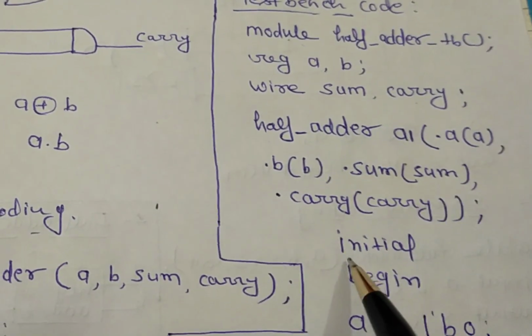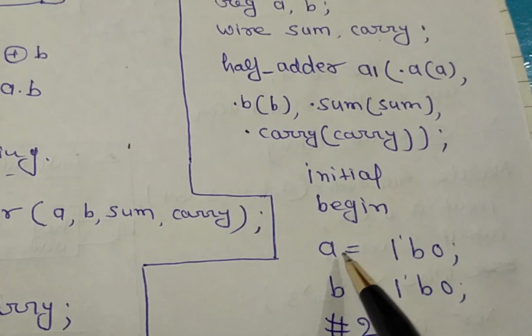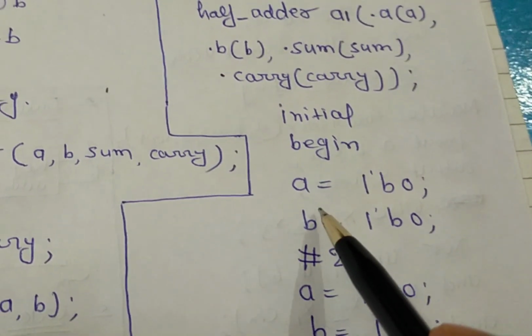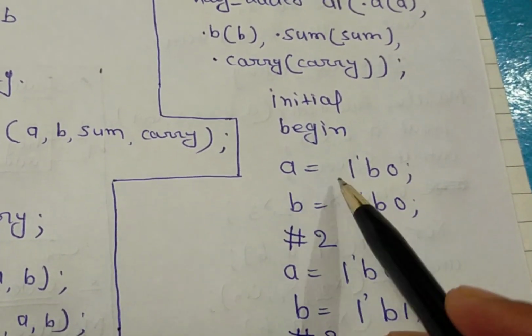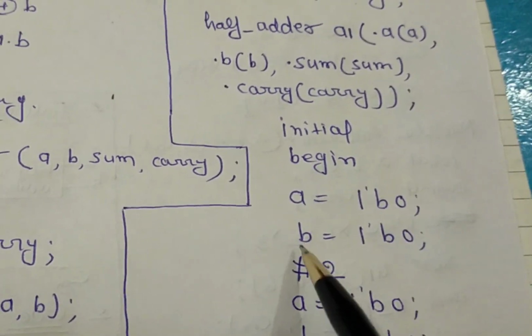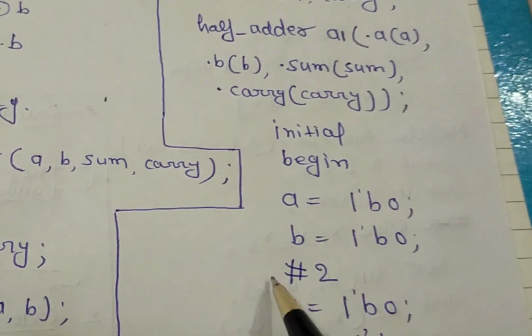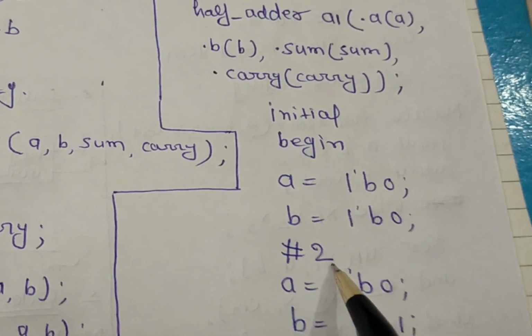After instantiation, we use the keyword initial, then use begin, then give the inputs. In this particular half adder we have two inputs, a and b. So a equal to 1 bit value 0, b equal to 1 bit value 0, then the delay of 2 nanoseconds.